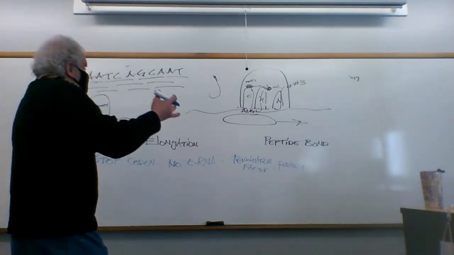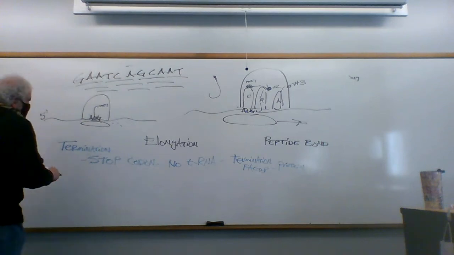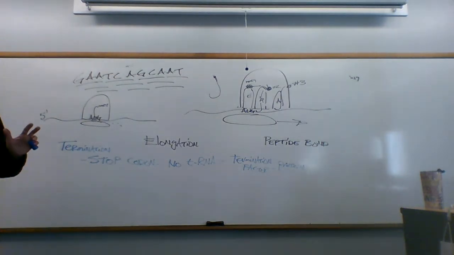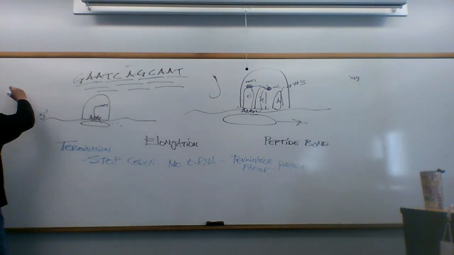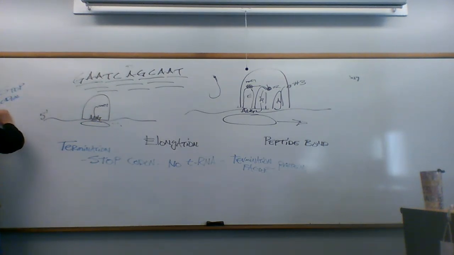In fact, what you can do is have, at least in bacteria, in eukaryotes, at least in complicated eukaryotes, you don't have this. You can have something called a stop codon suppressor mutation.